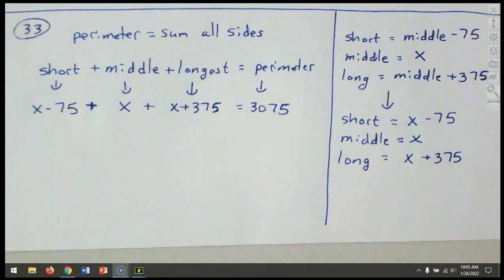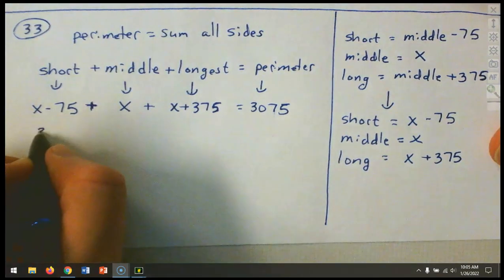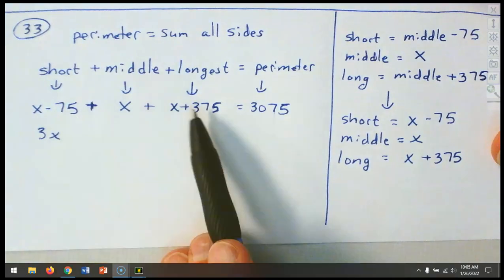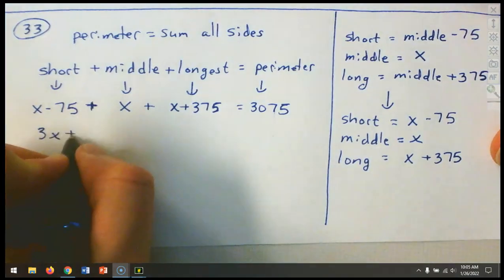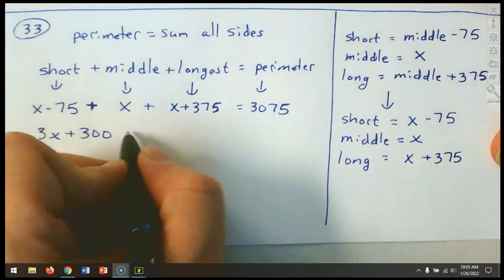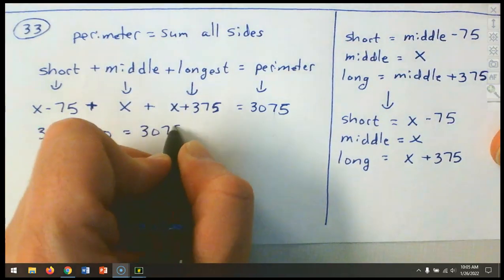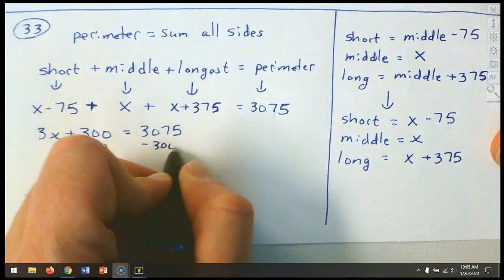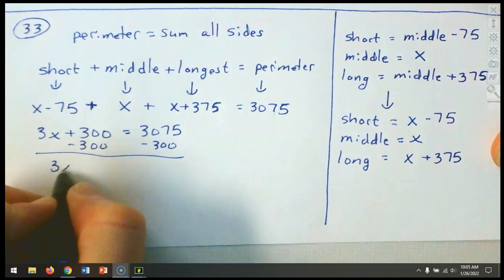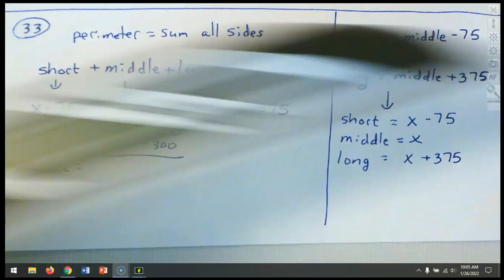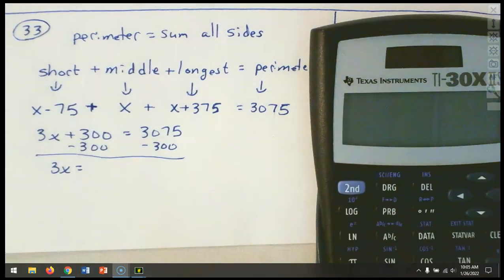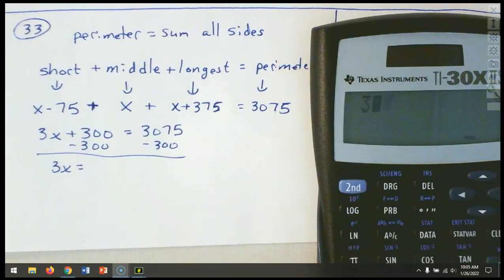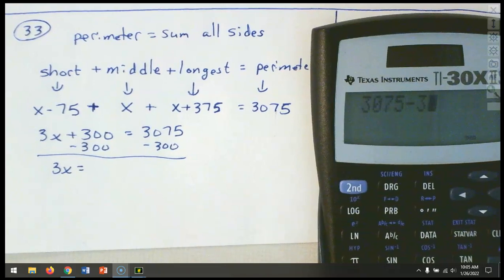So combining like terms, it looks like we've got 3x, and we've got a negative 75 and 375, so it makes it a positive 300. And that equals our 3075. We'll move our 300 over. And now we've got 3x equaling, we'll subtract off here, 3075, we're going to take away that 300.